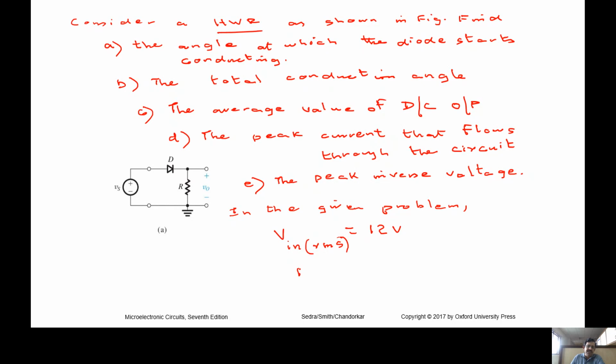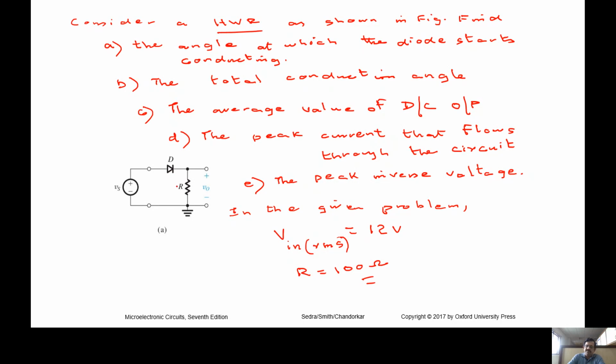And the resistance across which we take the output is 100 ohms. These two things are given. We have to estimate the angle at which the diode starts conducting. The diode conducts only in one half of the cycle, which is when the diode is under forward bias.